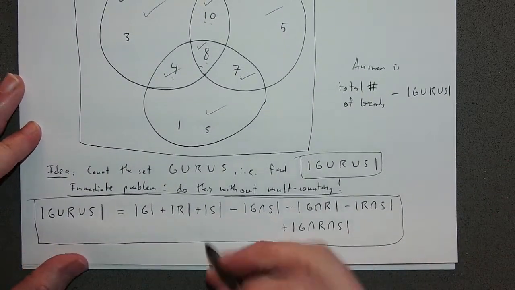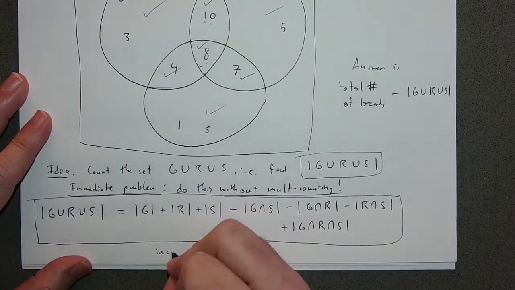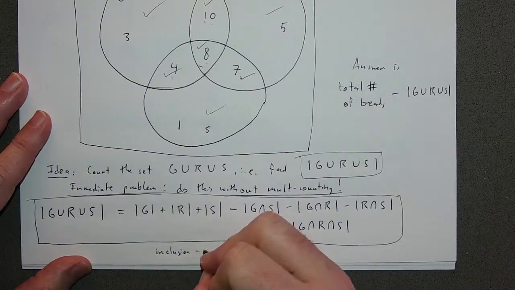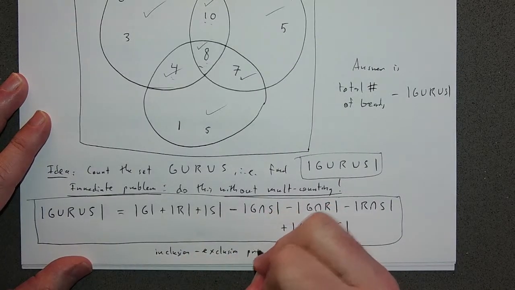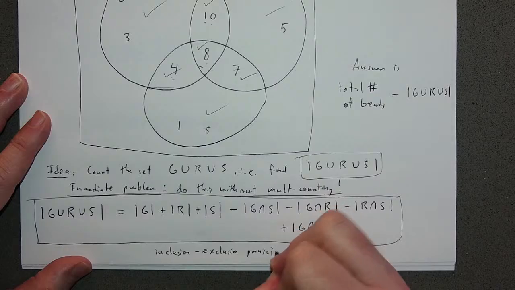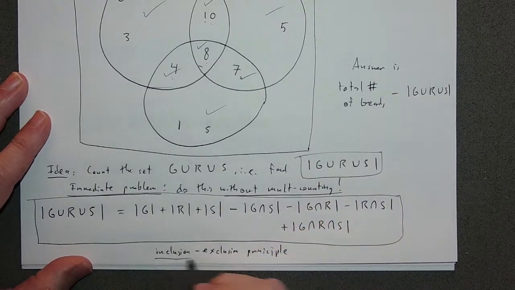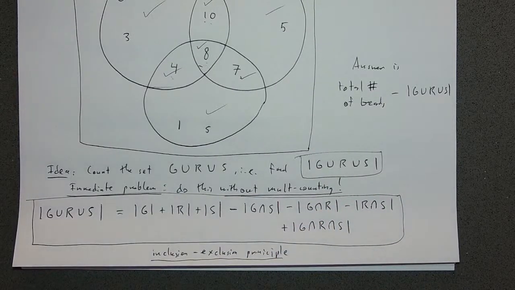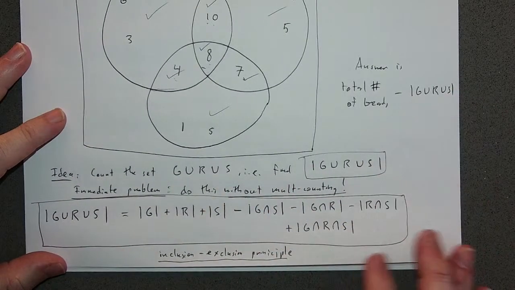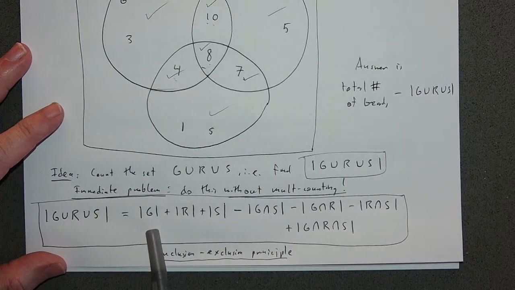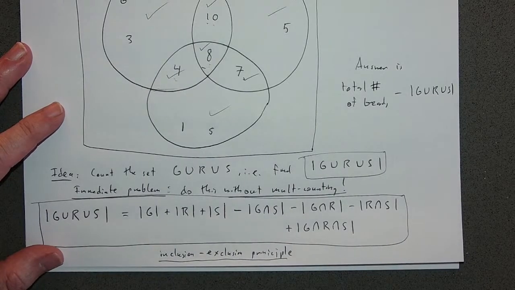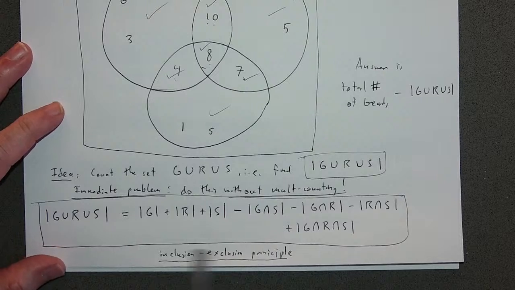This is called the inclusion-exclusion principle. And I'm going to explain to you how this can easily be generalized as this alternating sum. So I'm going to read out in words how this works, then we're actually going to solve our problem.